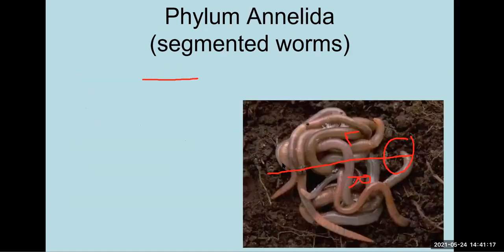Right. Another one is phylum Annelida, or segmented worms. What are these? Have you ever seen this before, Anthony? The earthworms. When you dig down to the ground, you can see these earthworms, or some leeches.